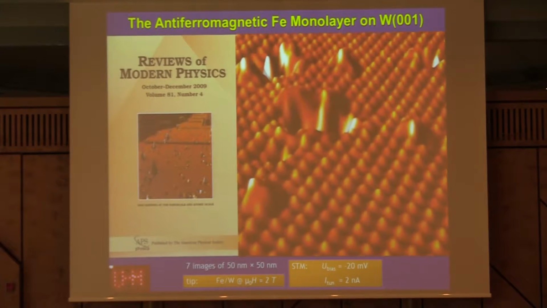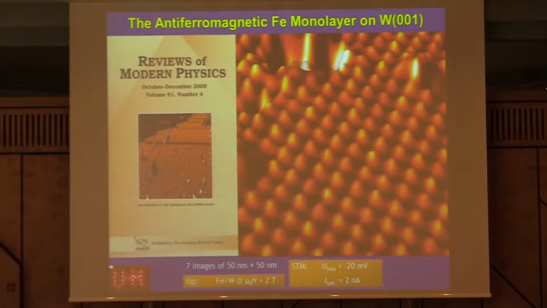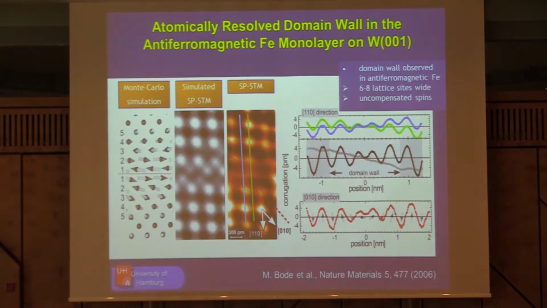However, we then prepared samples where we could actually see interface domain boundaries in this antiferromagnetic layer of iron on tungsten (001), and we reported about this 10 years back in time, where you can see with atomic resolution the structure of such a domain wall in this iron monolayer on tungsten (001).